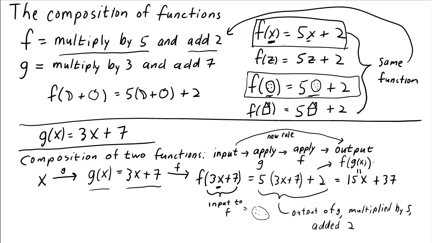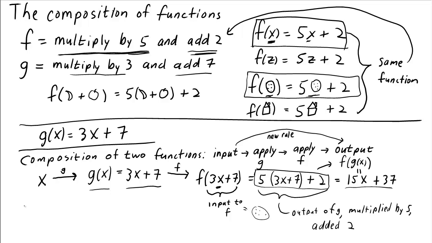F of g of x is the function that takes the input x, multiplies by 3, then adds 7, takes that whole quantity, multiplies it by 5, and then adds 2. Right, this is what we have right here. Of course, we could simplify it to just multiplying by 15 and adding 37, but that's just algebra.